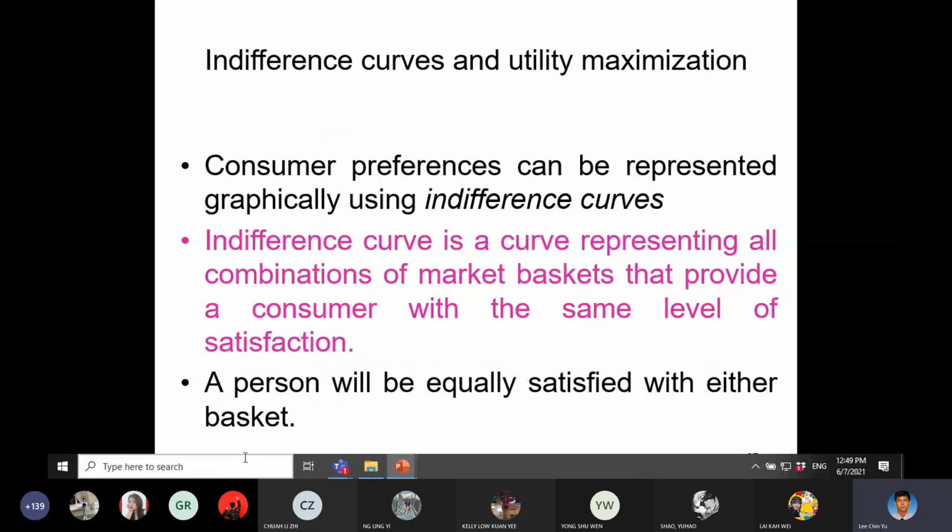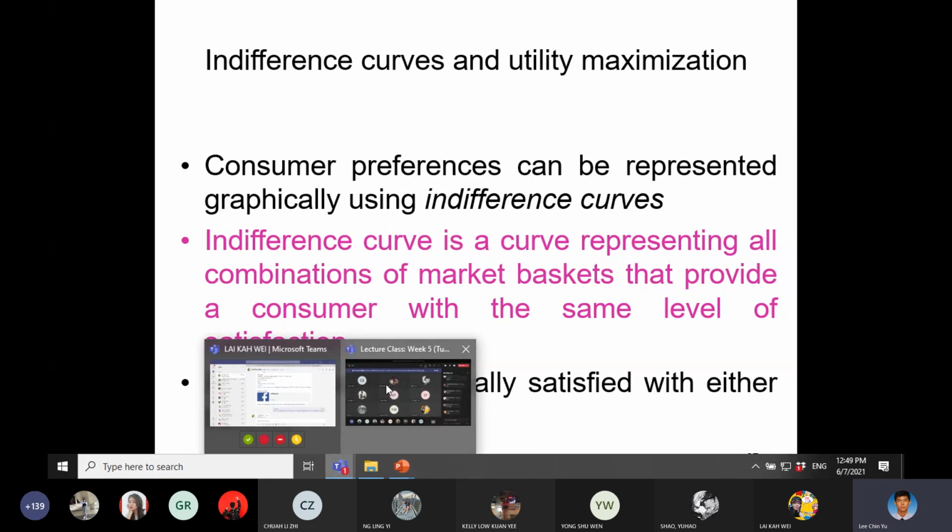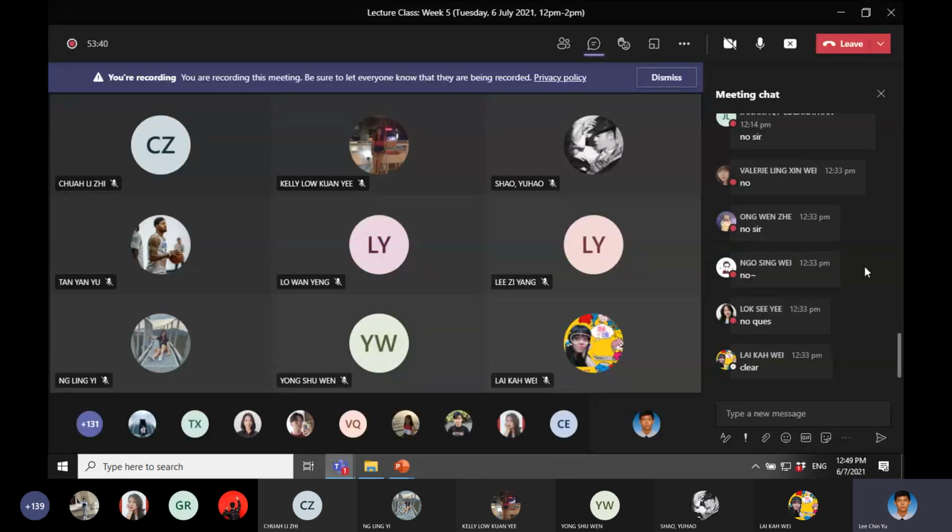So far, any problem? Clear about the budget line? We have covered the budget line. We understand that the budget line shows the combinations of goods we can purchase.